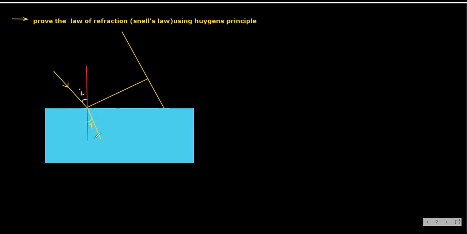And now let us suppose this point is point E, and now this is medium 2.